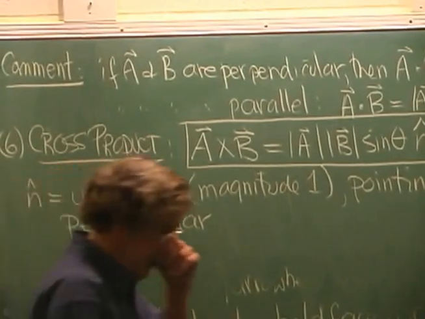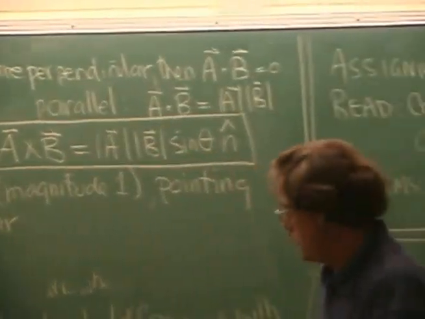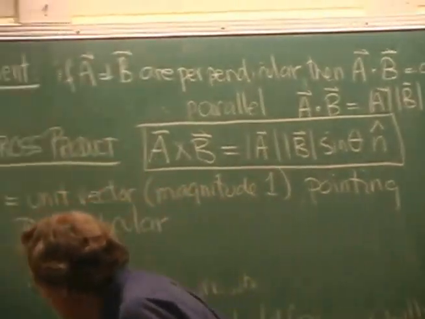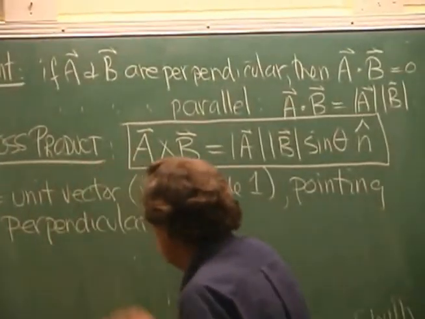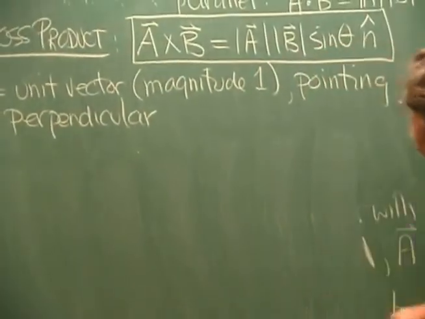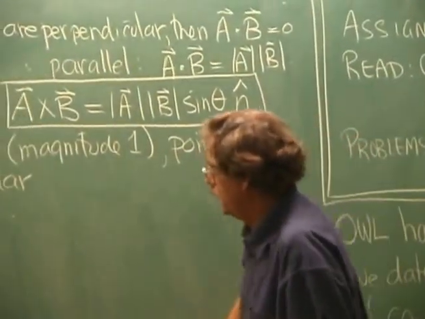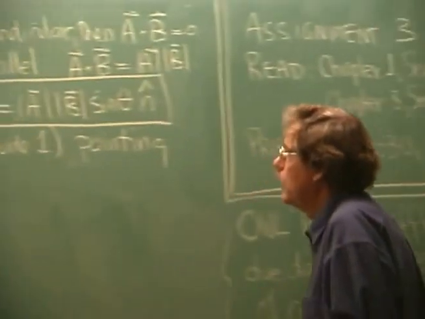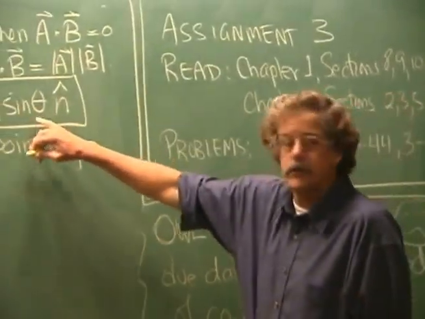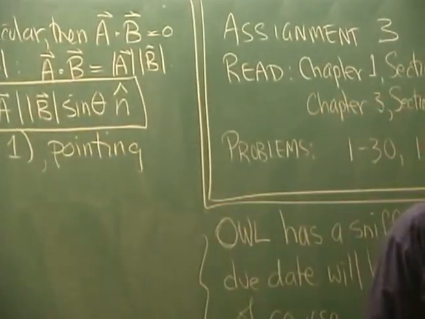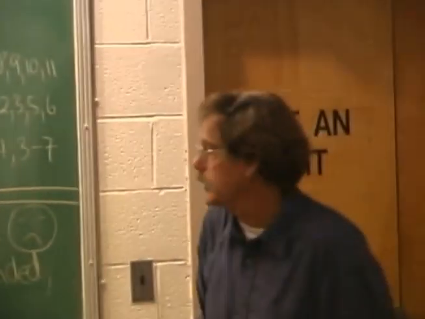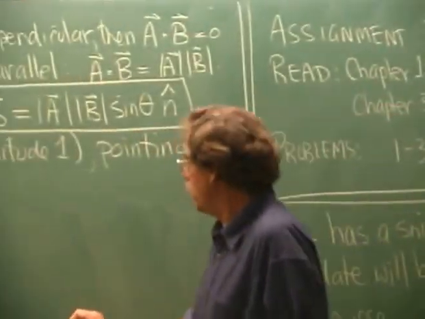Let's think about this for a minute. If I've got two vectors, they define a plane, isn't that right? In general, that is; if they happen to be parallel, then that would be an exceptional case. But if they're parallel to one another, then the sine of theta is 0, so the cross product is 0 anyhow. Two vectors would define a plane.